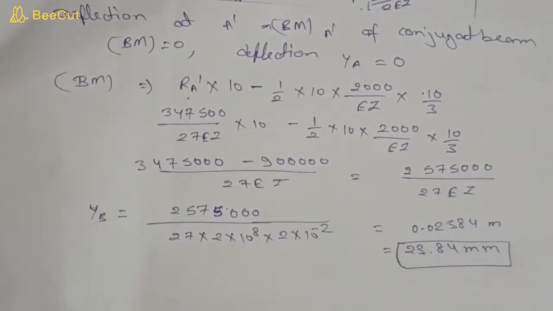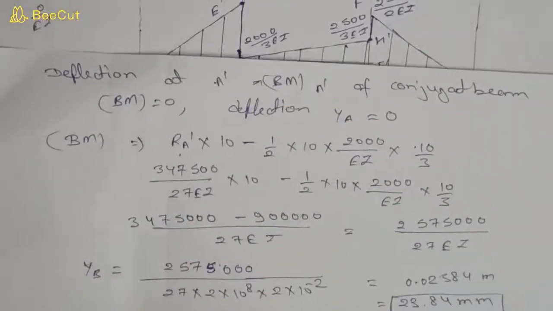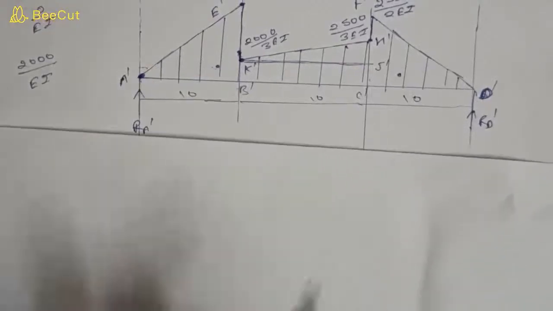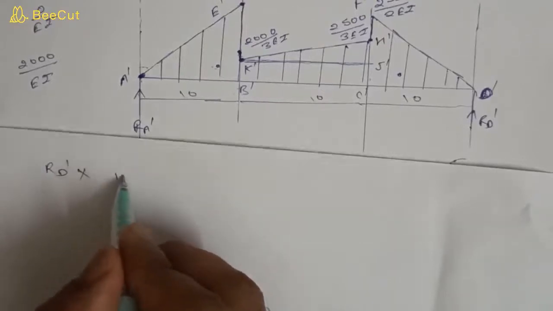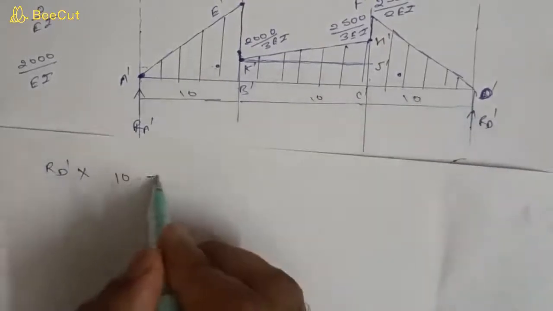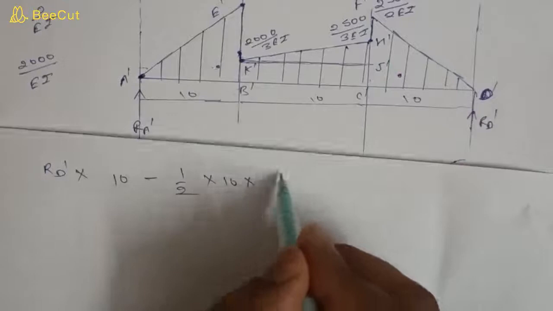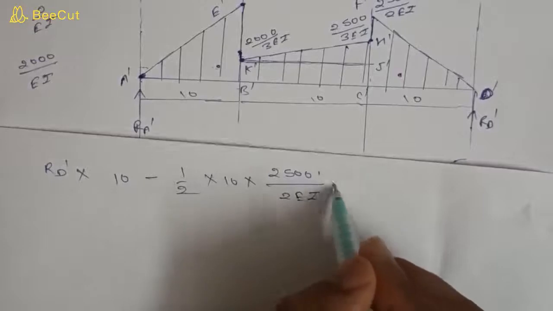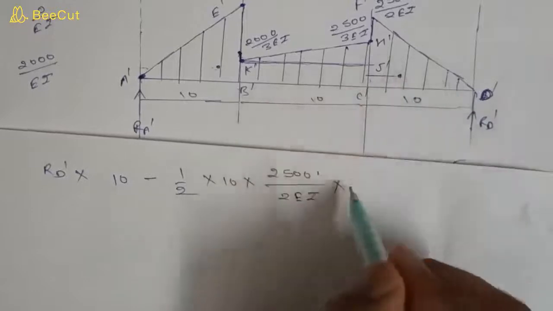Now we have to find the deflection at point C. Then we will find the bending moment at this point. So if we take from point D, then the bending moment will become RD dash into 10, this distance, minus, due to this load, half into base 10 into height 2500 upon 2 EI into the distance, which is 10 by 3.